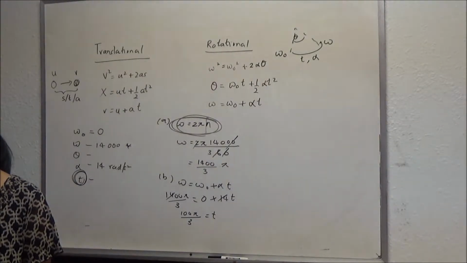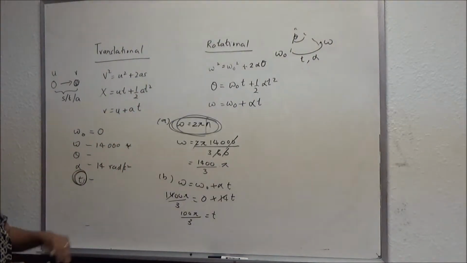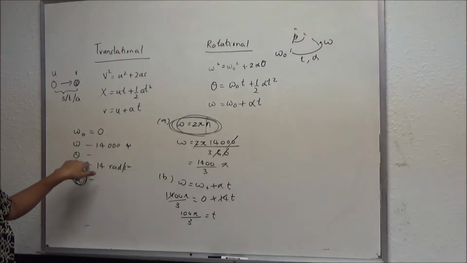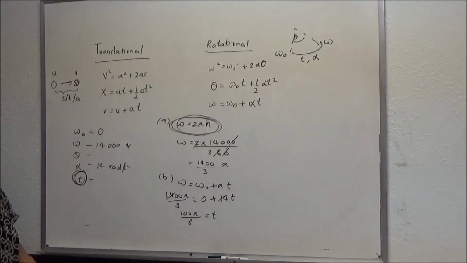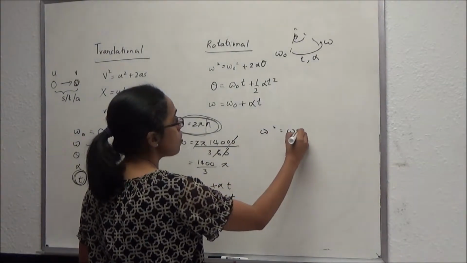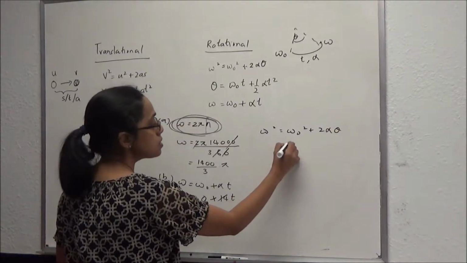Okay, so let's find the total displacement. Which equation should you use? Now you are going to find theta. Which equation should you make use of? The first one, yeah, let's make use of the first one. Omega squared equals omega naught squared plus 2 alpha theta. So omega naught is 0.